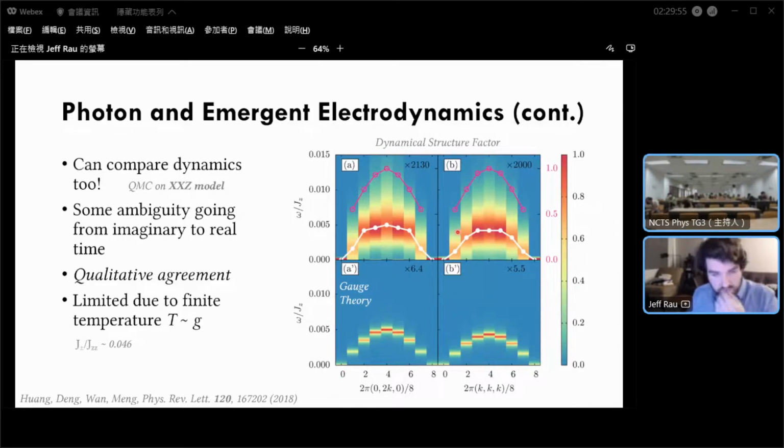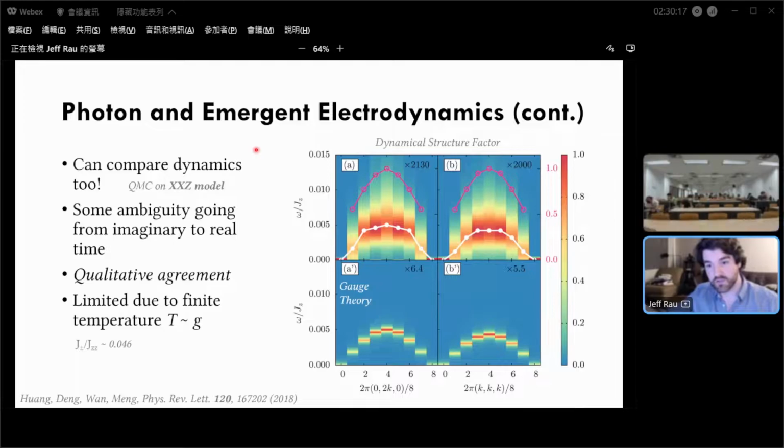Okay, so some of this is likely due to limitations in the quantum Monte Carlo itself, right? To do this, they've got to lower the temperature down to the scale where the temperature is below this photon bandwidth, right? And remember, this photon bandwidth goes like the cube of this small transverse exchange. So it's actually a very, very small energy scale.